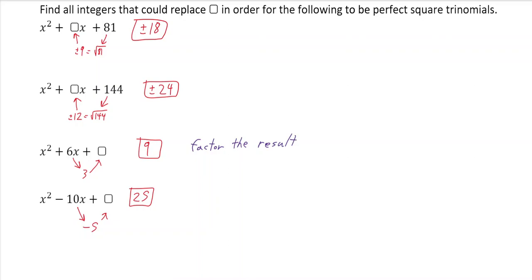It would be really easy because we've already done all the work. So all we would have to do is use this value, and we'd write x plus 3, x plus 3. Over here we'd write x minus 5, x minus 5. We've already done all the work, so it's really easy.